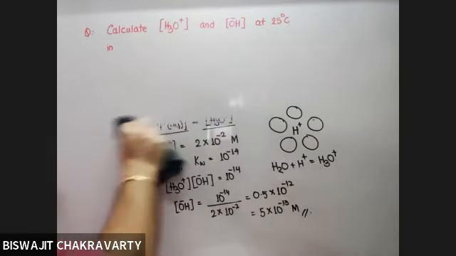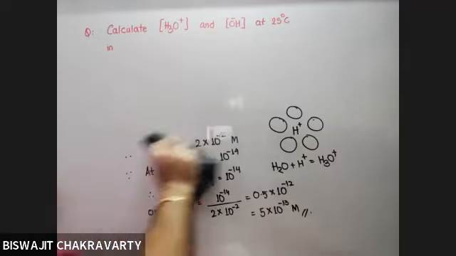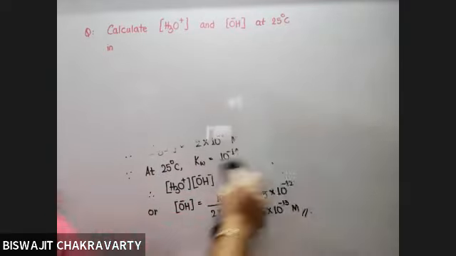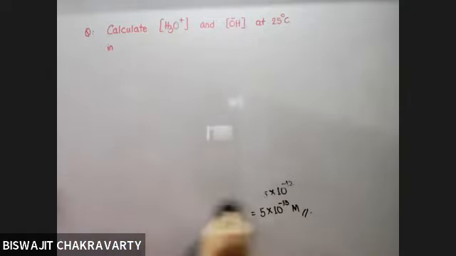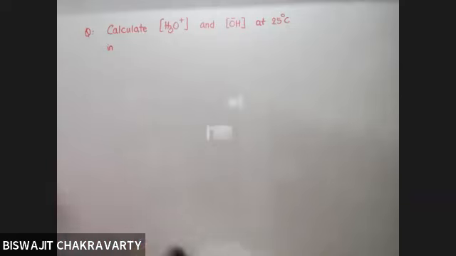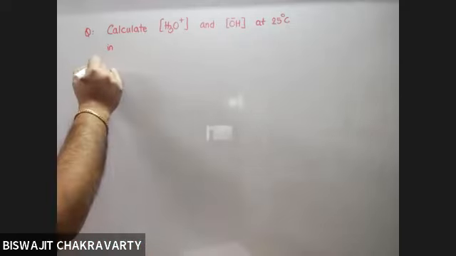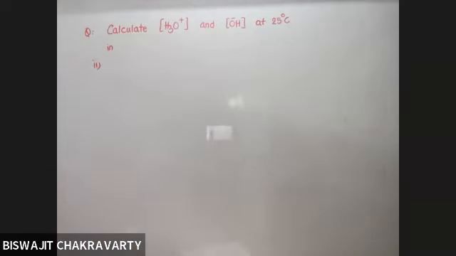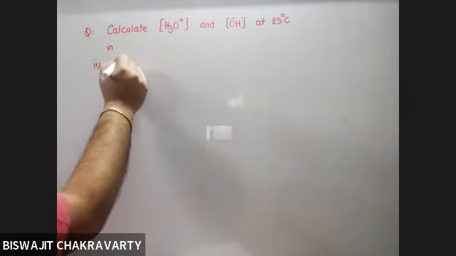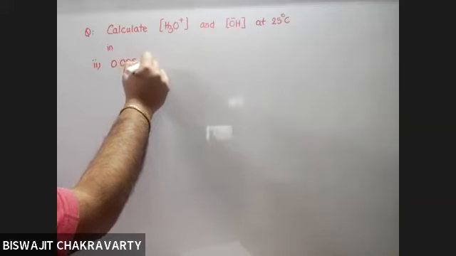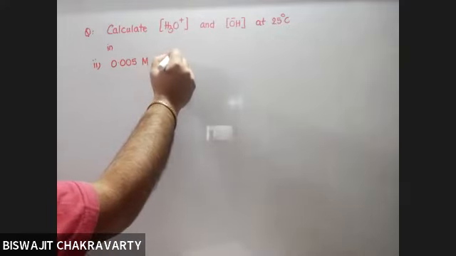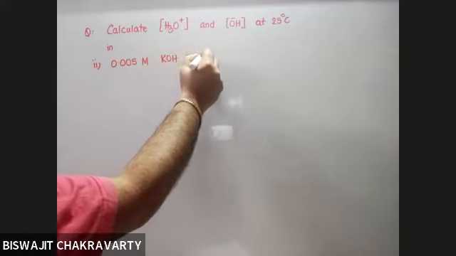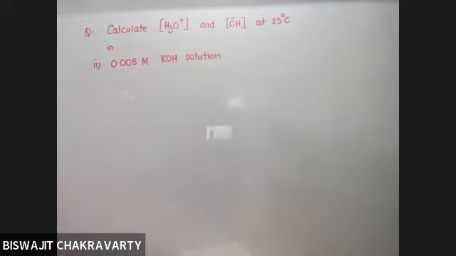The question is the same: calculate the concentration of H3O+ and OH- at 25 degrees Celsius. Number 2, 0.005 molar KOH solution. So KOH is a strong base.